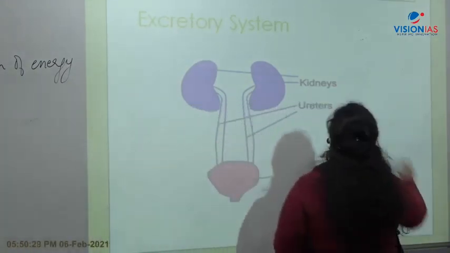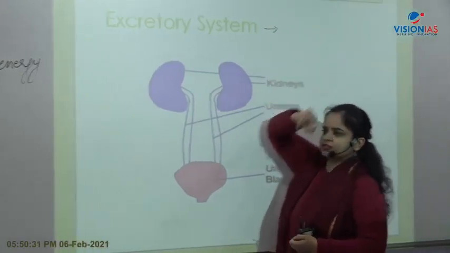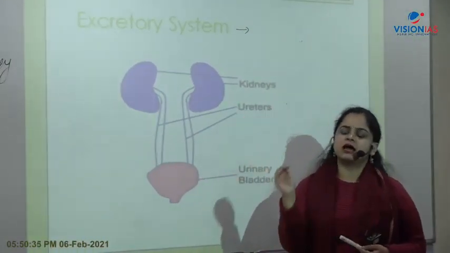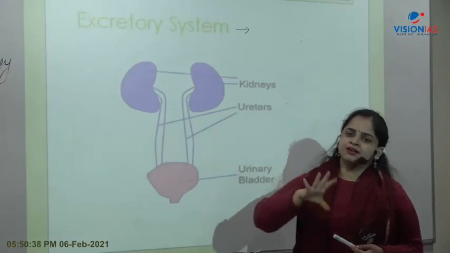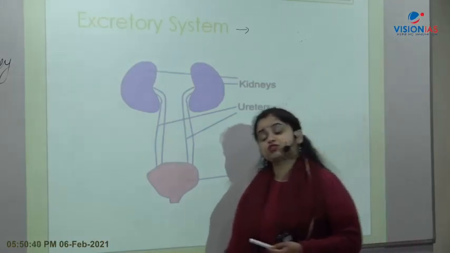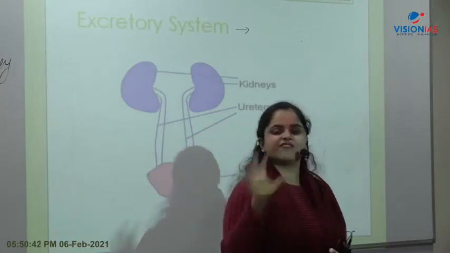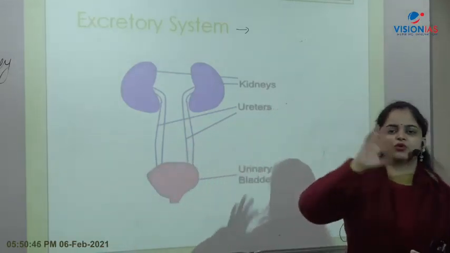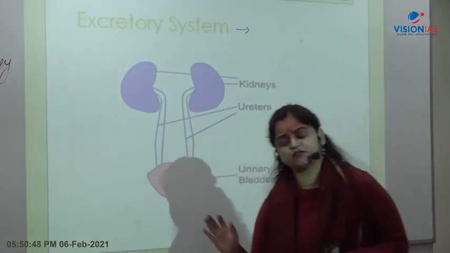Excretory system, two things are going to happen. Now digestion has happened, respiration has happened, different things are traveling to different parts of the body, and after everything has been utilized at different places, wherever protein was needed, protein was utilized, wherever fat was needed, fat was utilized.